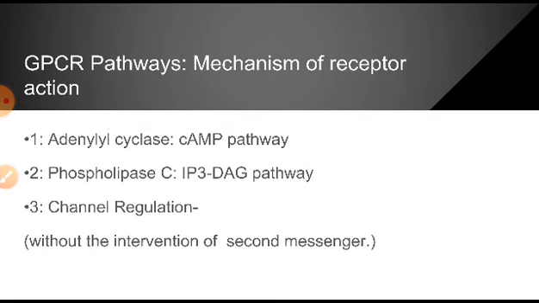One of the major roles of G proteins is to activate the production of second messengers, which you have already seen. Examples of second messengers you have seen are cAMP, calcium, potassium ions, inositol triphosphate, diacylglycerol and so on.